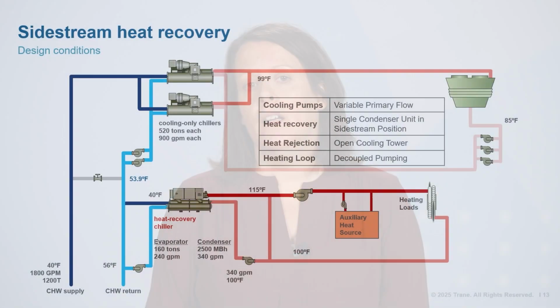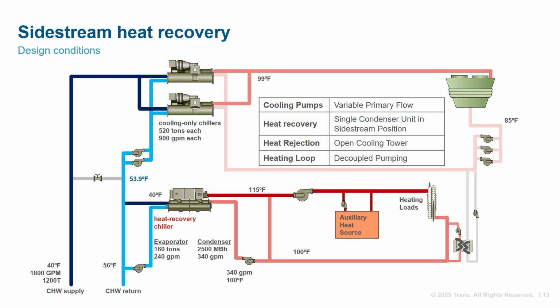And that's okay, because we have the other cooling-only chillers to take the cold fluid the rest of the way. An important point, if the heat recovery unit is the only unit operating to satisfy a cooling load, but the heating load is low, the heat exchanger pump is enabled to reject additional heat to the towers. We'll talk more on this later.